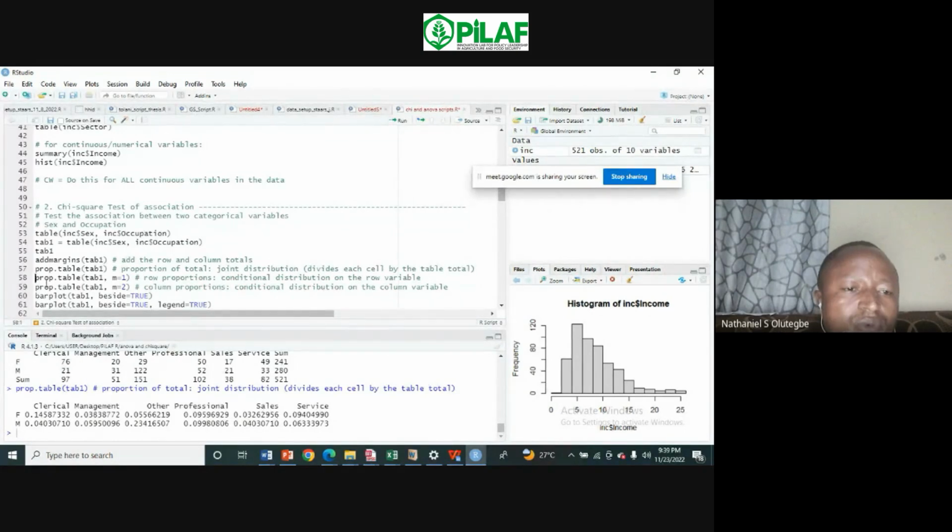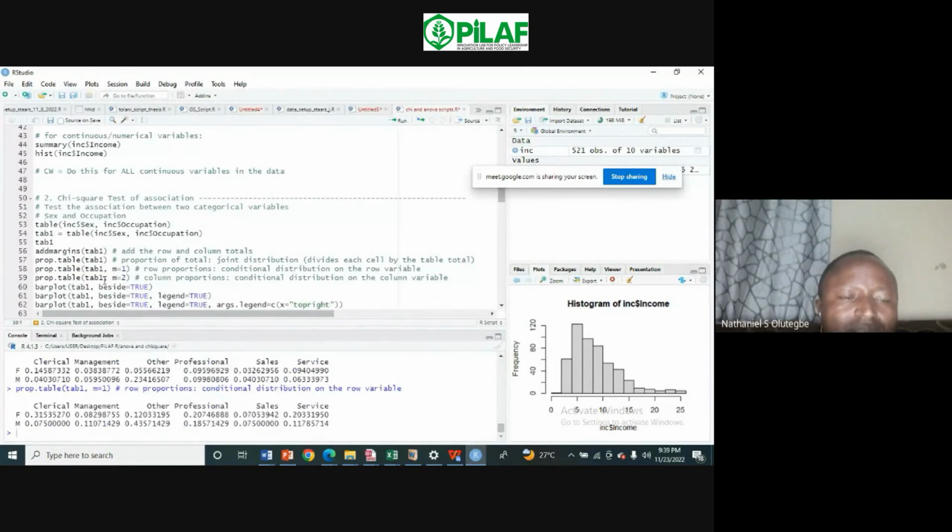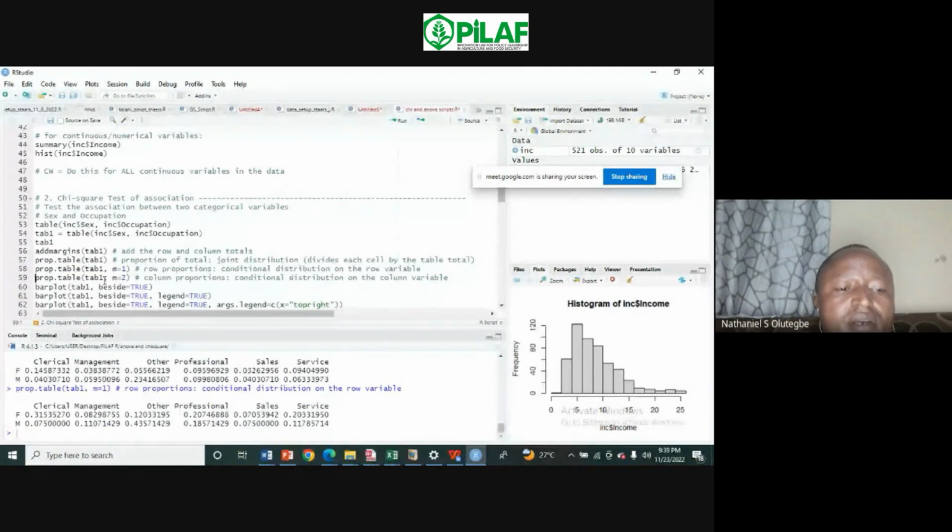So now the next one is you also want to run the percentage of occupations within only female, or only male, meaning across the rows, and that is what this has done.